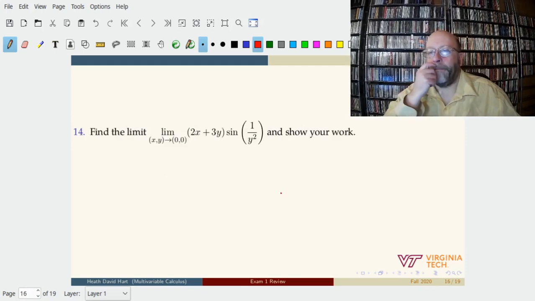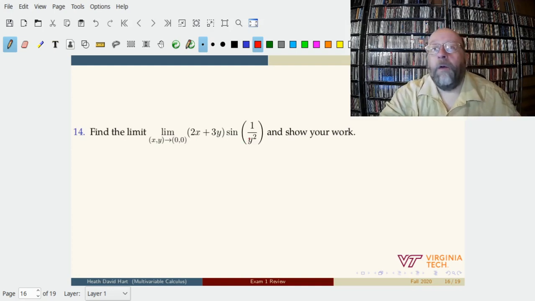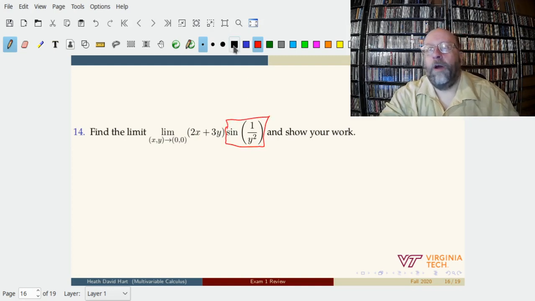Number 14. We're going to try to calculate this limit. Well, this trig function here is complicated to work with, but we know that it's less than or equal to 1 and bigger than or equal to negative 1.